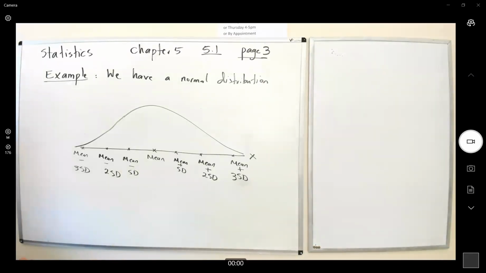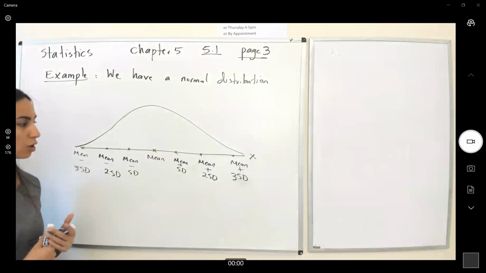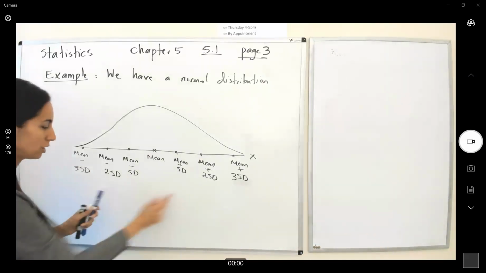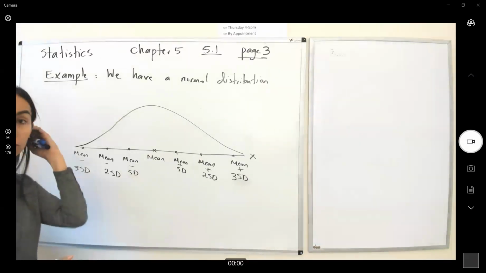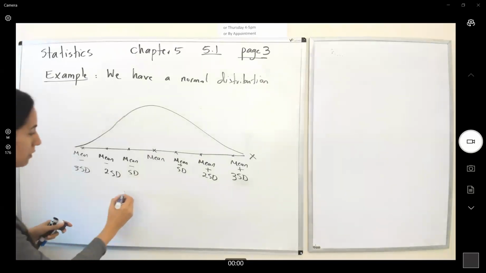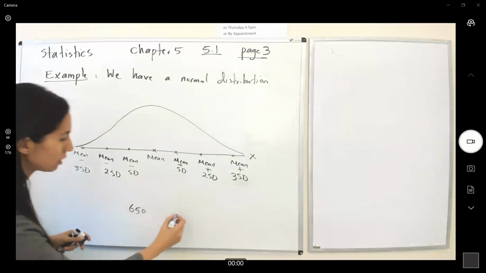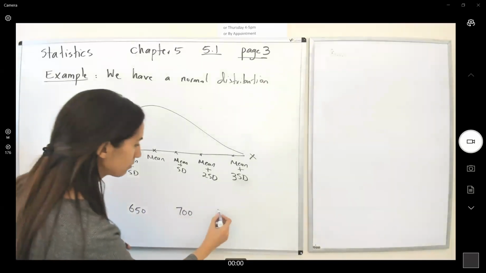So the information that you have is some numbers on your horizontal axis, okay? 2 numbers are given here and here. We're not sure if it's mean minus standard deviation and mean plus standard deviation, but you know that one of them is 650, and the other one is 700. Next number is 750.